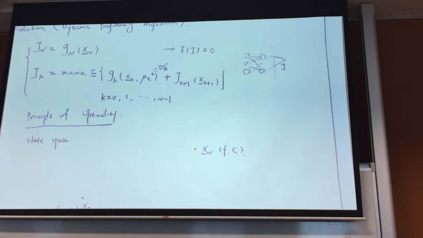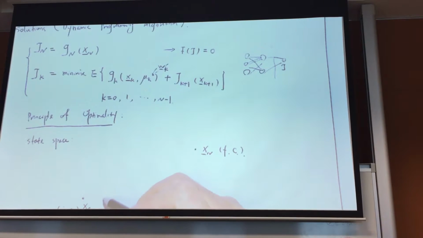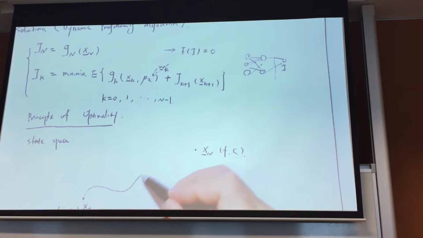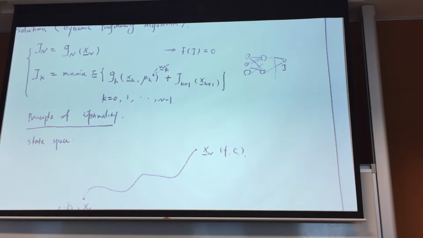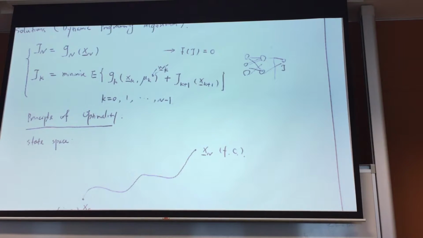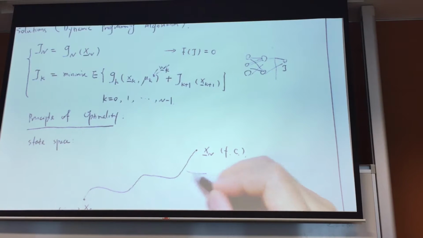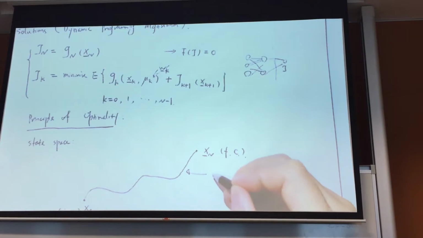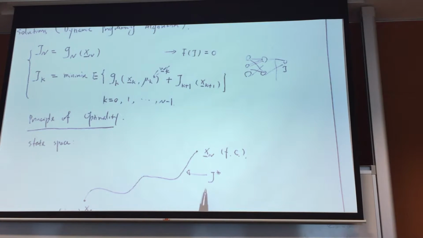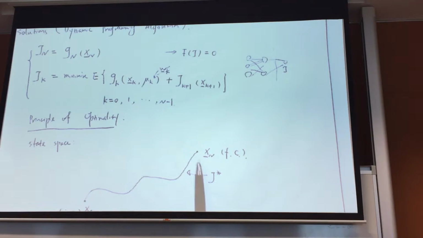And assume we already solved this problem, so we know the optimal trajectory, the optimal path going all the way from the initial condition to the final condition, giving you the optimal cost.